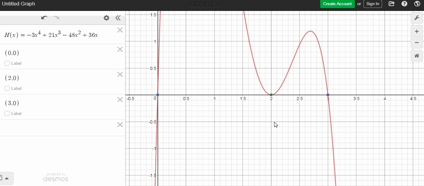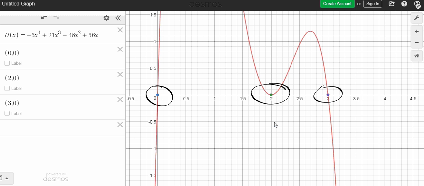What points jump out at you? This point jumps out at us, right? And what other point jumps out at us? 3. Okay?